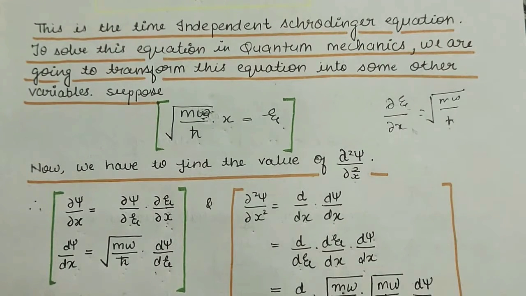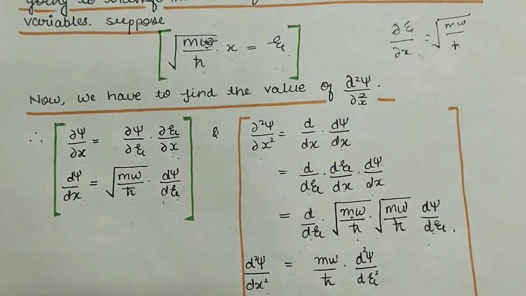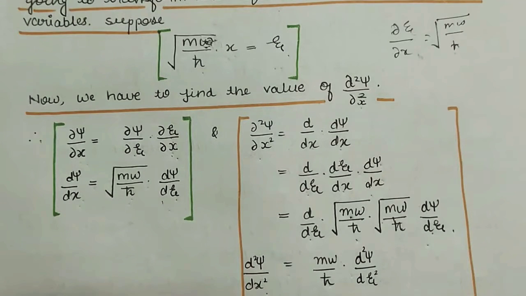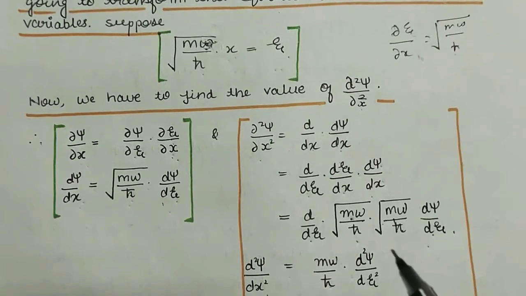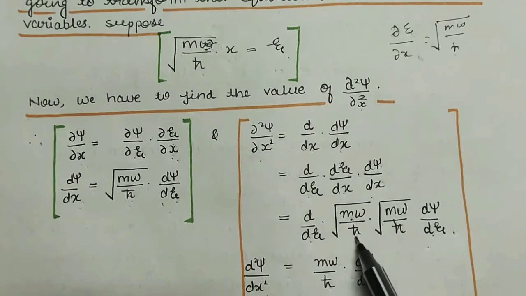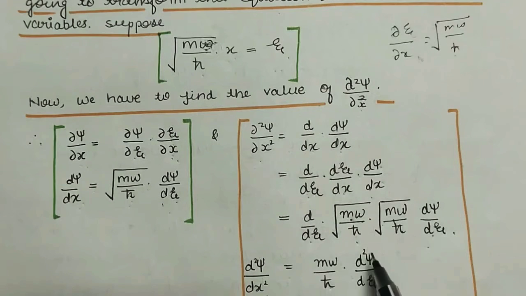Now under root into under root, the square roots cancel out, and we only get m omega upon h cross here and the del xi term. As the square roots cancel out here, m omega upon h cross is there, del 2 psi upon del xi 2, and del 2 psi upon del x squared is here.